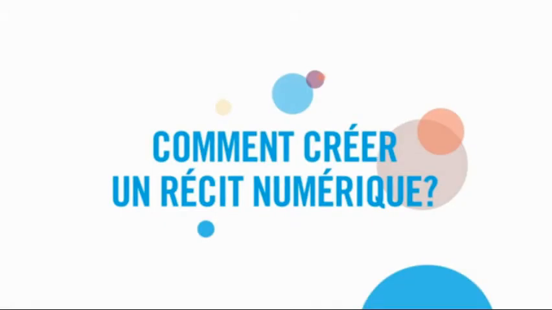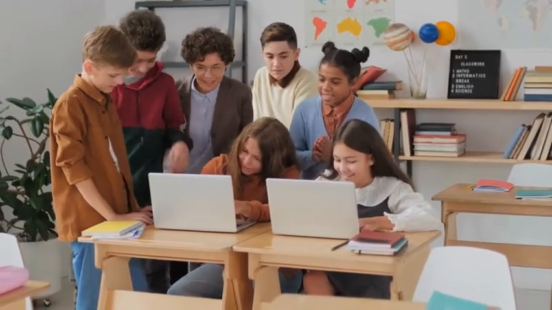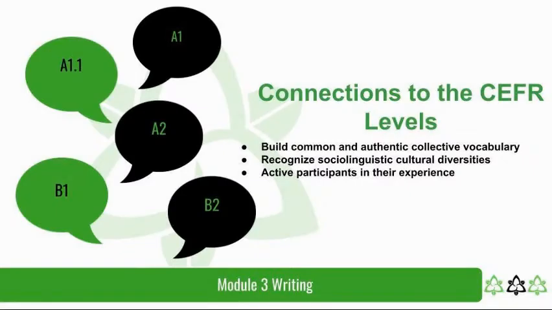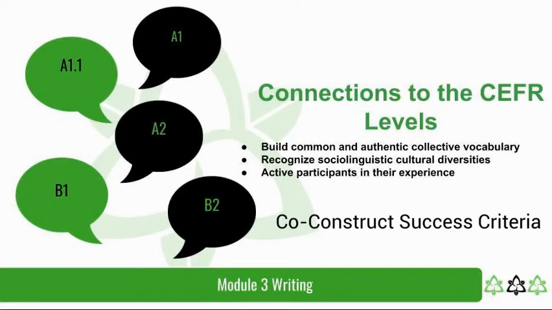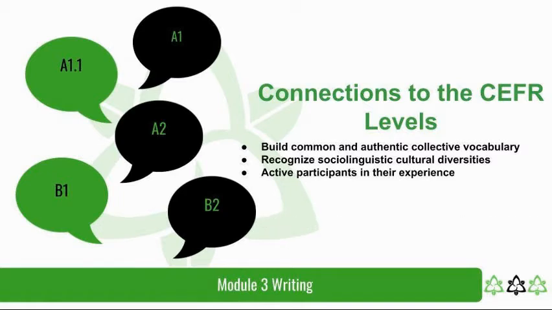For the récit numérique, learners begin to reflect on how their sociocultural experiences contribute to the success of their learning in FSL. During these two tasks, educators and learners can co-construct success criteria, which allows learners to select their own writing strategies. This process again invites learners to be active in their acquisition of French written interaction and production skills in authentic situations.